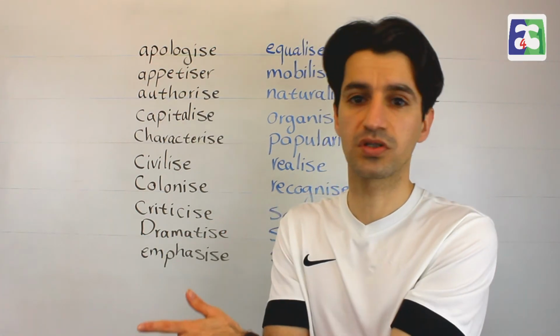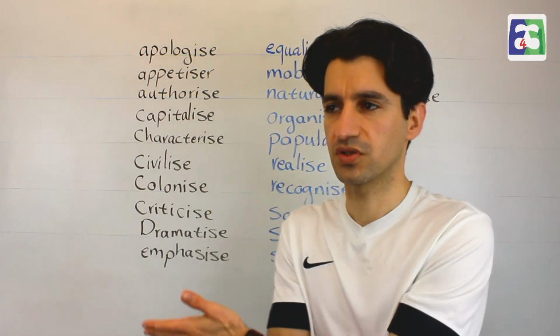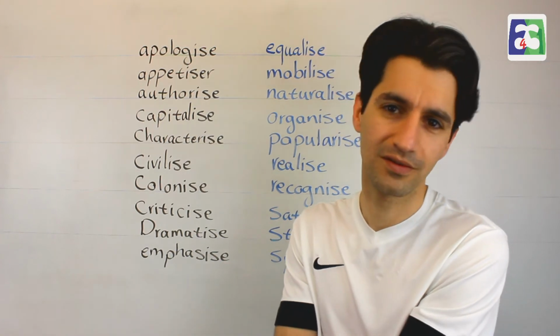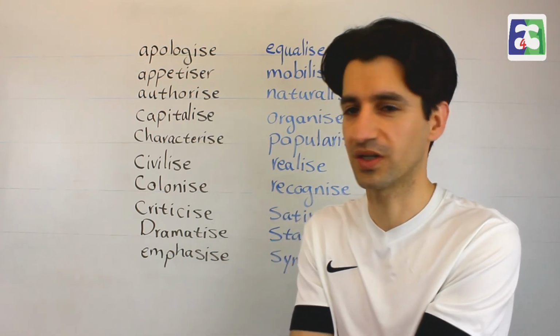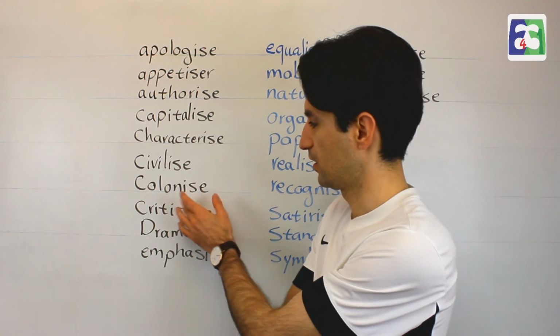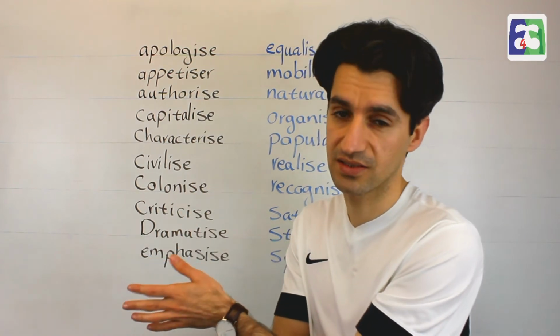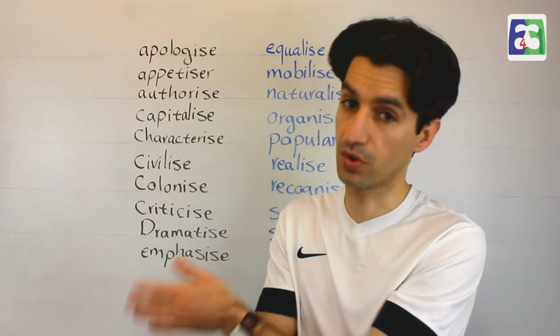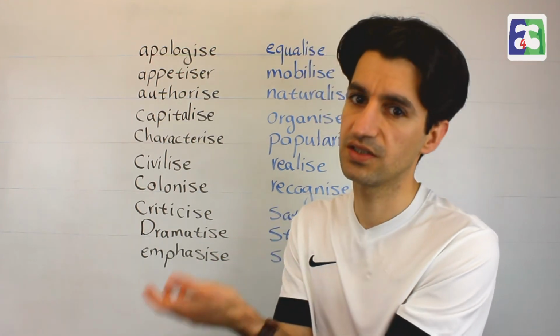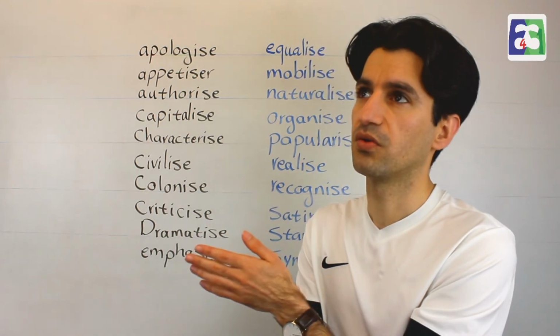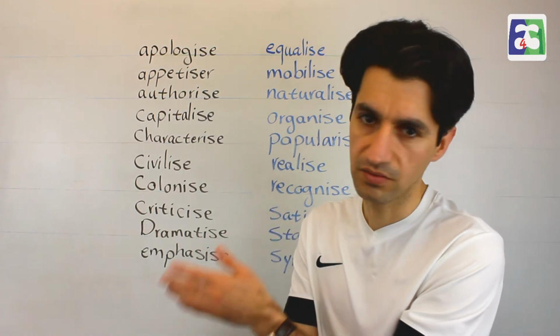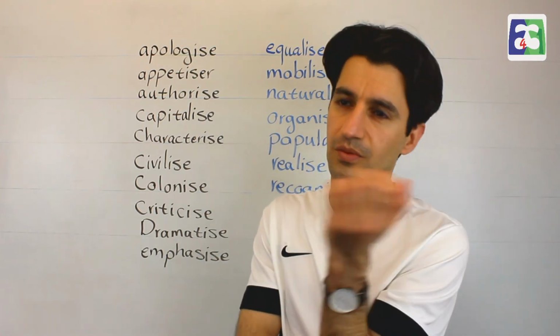But there are some words like size, which is not a verb, and it's not a suffix added to the word. No, that is a part of the word, so don't mix these things up. Size is always SIZE, doesn't matter, British or American.